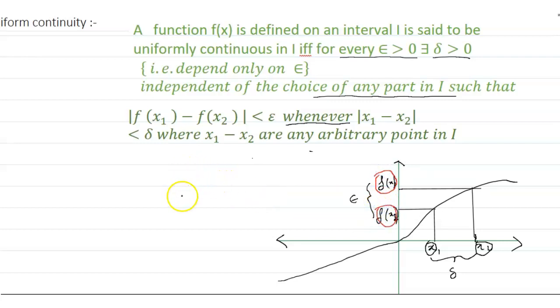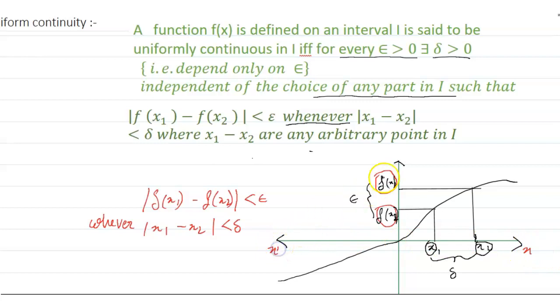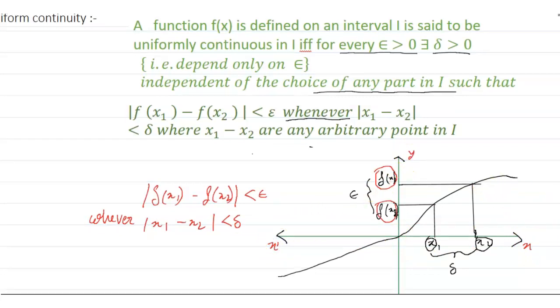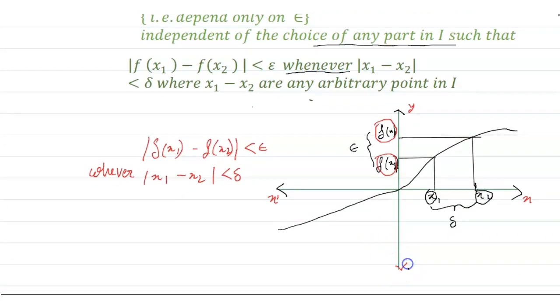See that, friends: |f(x1) - f(x2)| < epsilon whenever |x1 - x2| < delta.